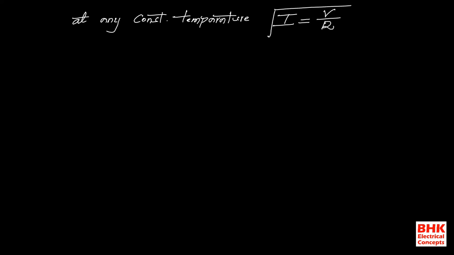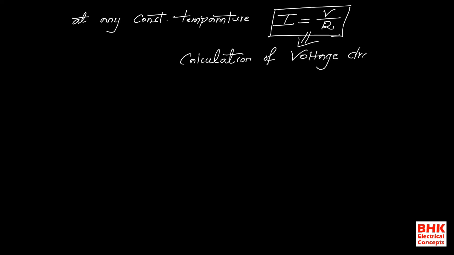As per the definition of Ohm's law, at any constant temperature, current is directly proportional to voltage and inversely proportional to resistance, meaning I is equal to V divided by R. And we can also use this expression for calculation of voltage drop across any element.